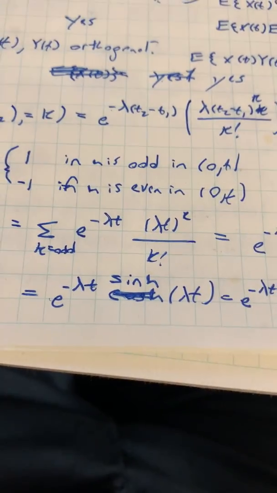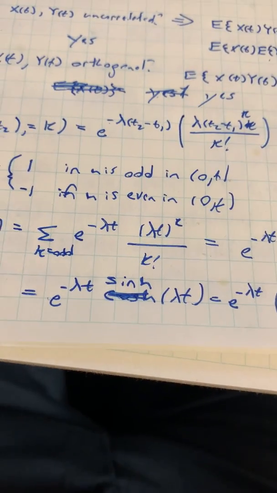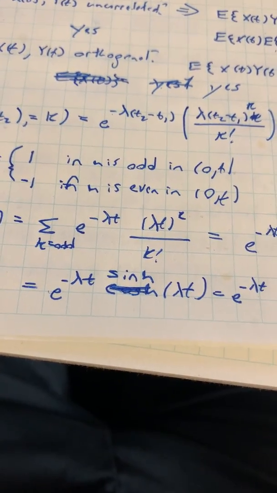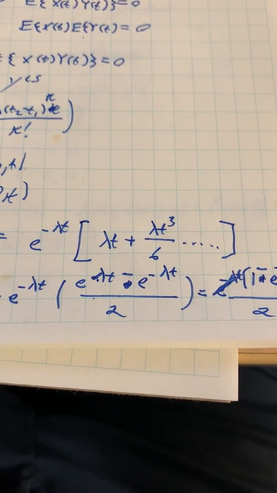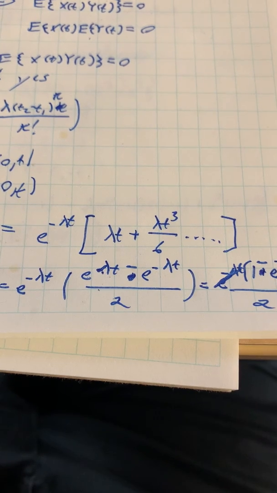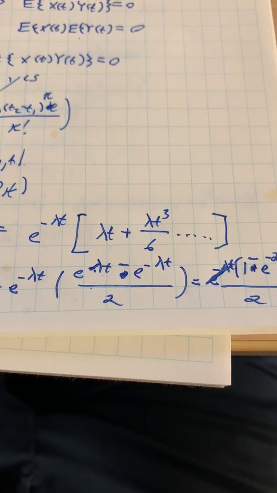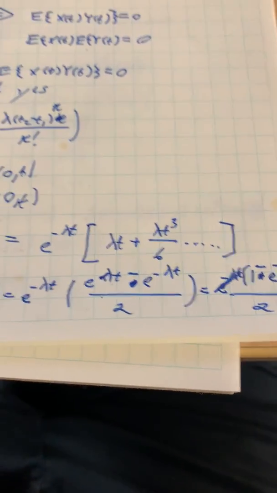So basically it is the hyperbolic sine of lambda t multiplied by e to the negative lambda t. Hyperbolic sine is equivalent to e to the x minus e to the minus x over 2. If you substitute in lambda t, you get this.